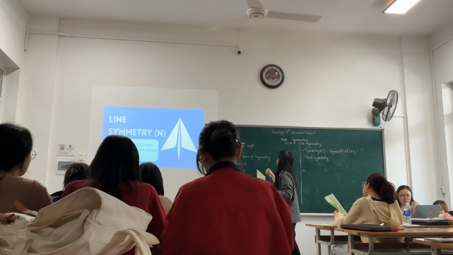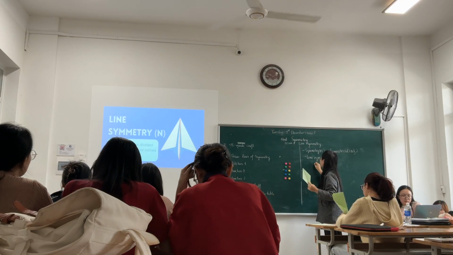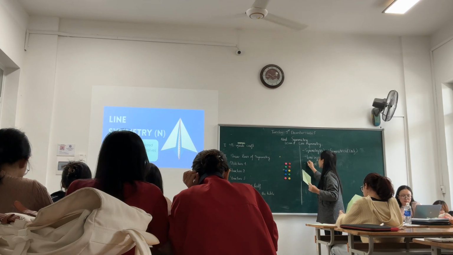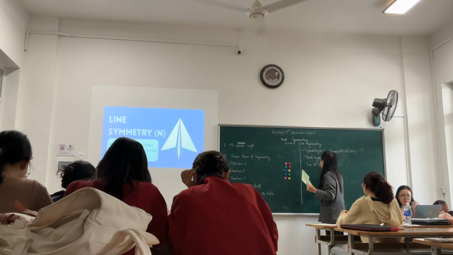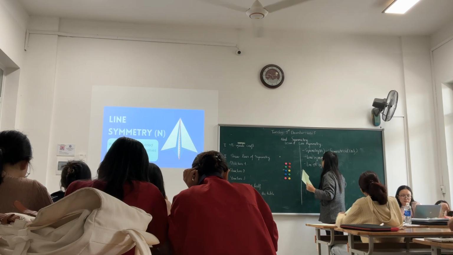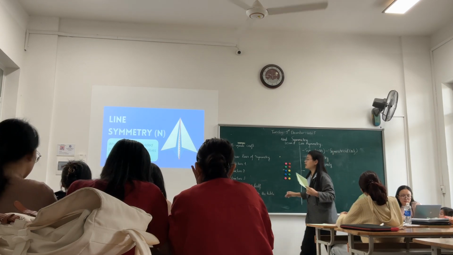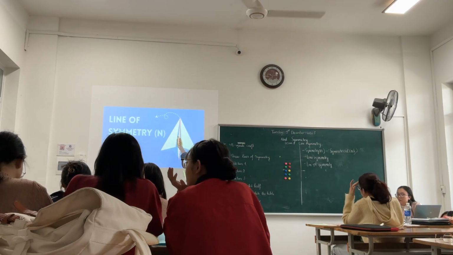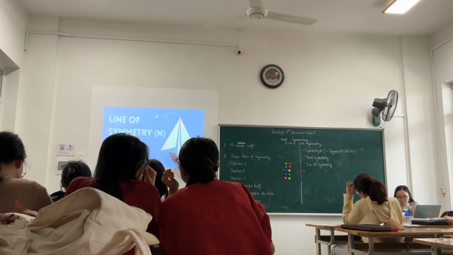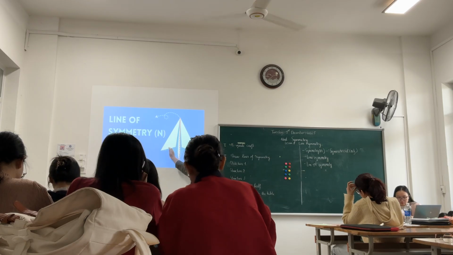We will add a word in the middle of line and symmetry. So we have this line is line of symmetry. This is the line of symmetry which defines the two halves of the shape.